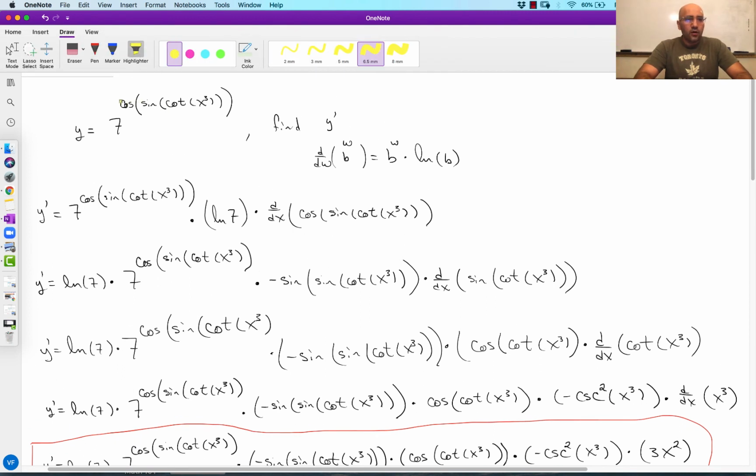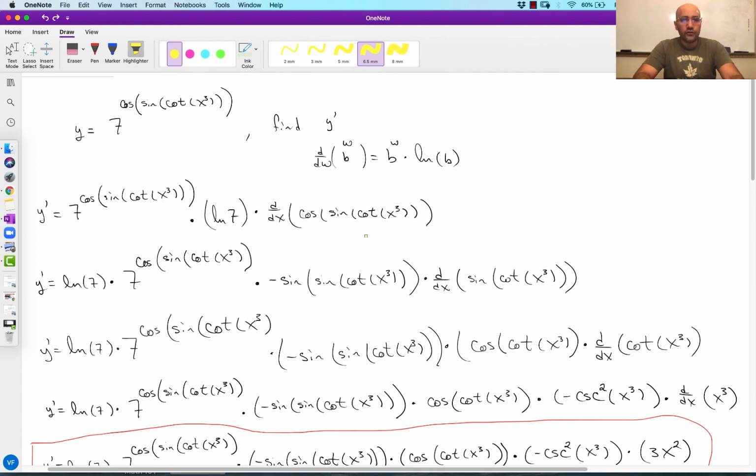We pretended all of this up here was one single letter. 7 to the letter w is to repeat it, so we just repeated it, times ln of 7. Once we're finished with that, we have to multiply times the derivative of the thing we pretended was just a single variable.